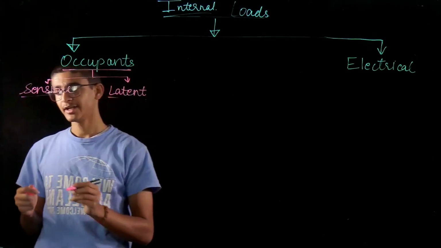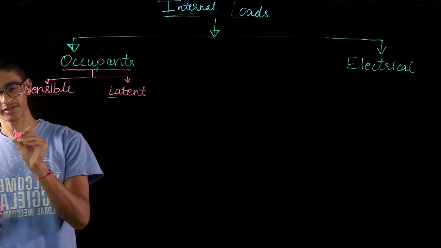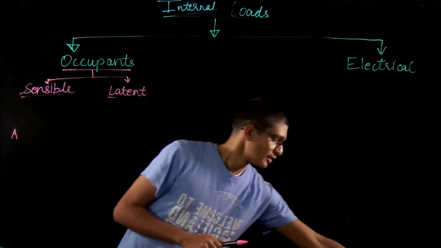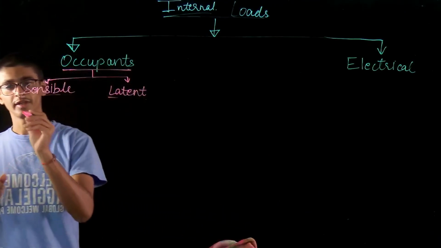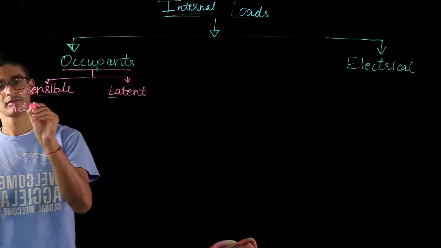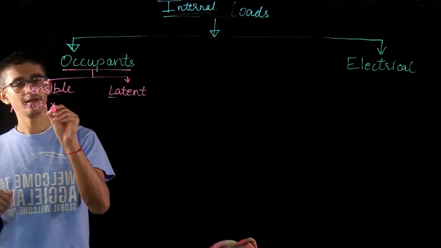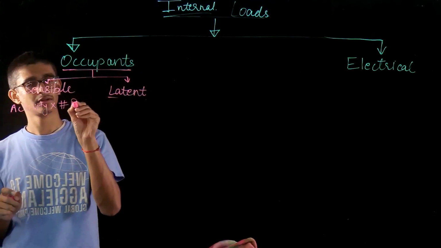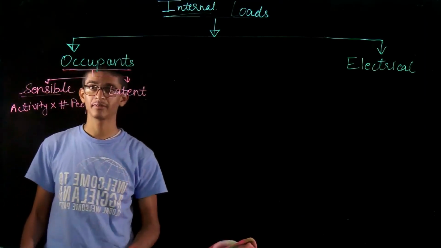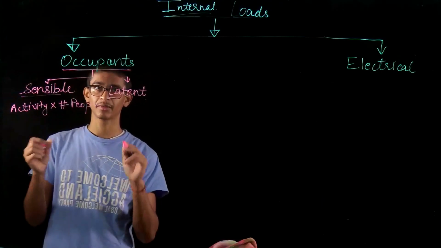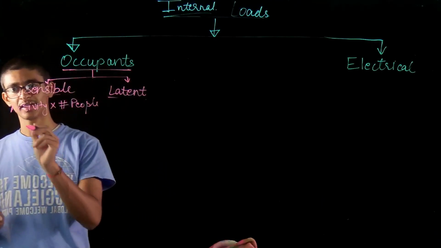And as I said earlier, it depends on the type of activity the person is doing, the activity and the number of people. So for the basic activities happening in our office buildings, that's the main base use case for us right now.